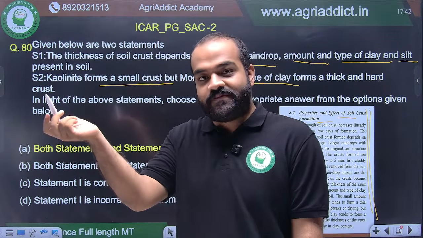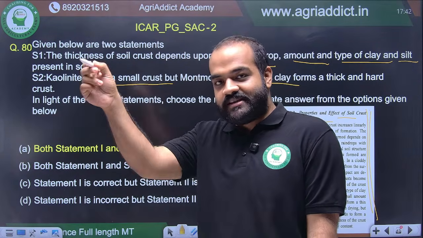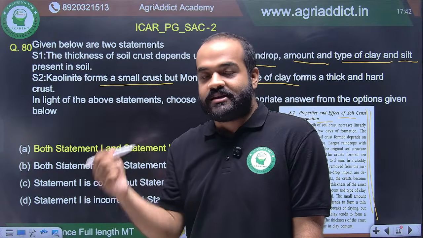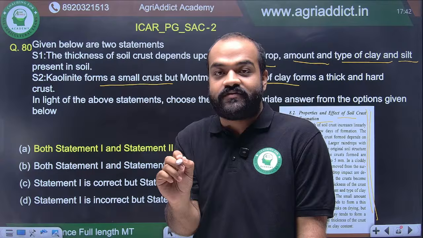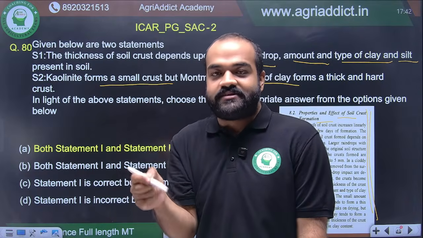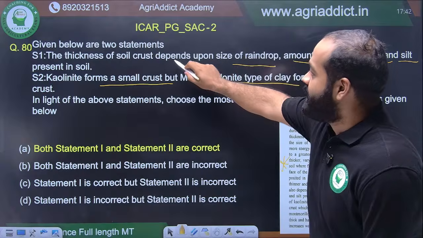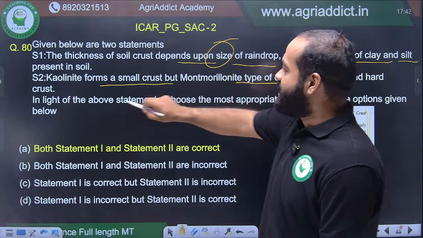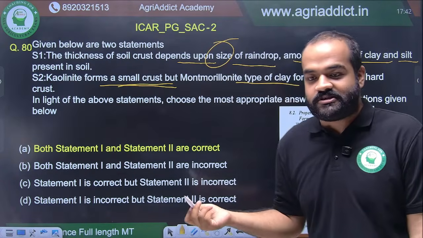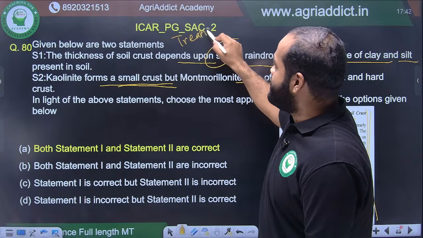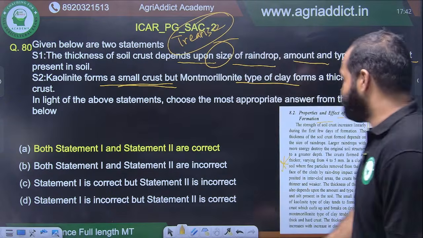All those types of crust you should also be thorough with: coalescing crust, slaking crust, sieving crust. Read those crusts. In which soil each forms is also very important. Which soil results in formation of which type of crust, the thickness of crust depends on what, and which mineral forms which type of crust. Remember, this part is best in Treatise. Read this one from Treatise.